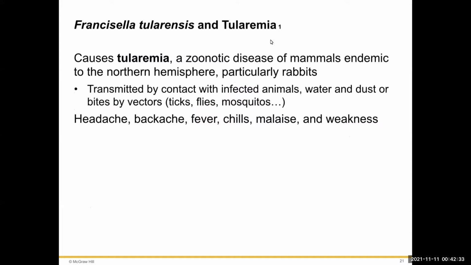Francisella tularensis causes tularemia, which is another zoonotic disease. This is a disease of mammals in the northern hemisphere, particularly rabbits. It is transmitted by contact with infected animals, infected water or dust, or bites by vectors like fleas, mosquitoes, or ticks. It causes headaches, backaches, fevers, chills, malaise, and weakness.